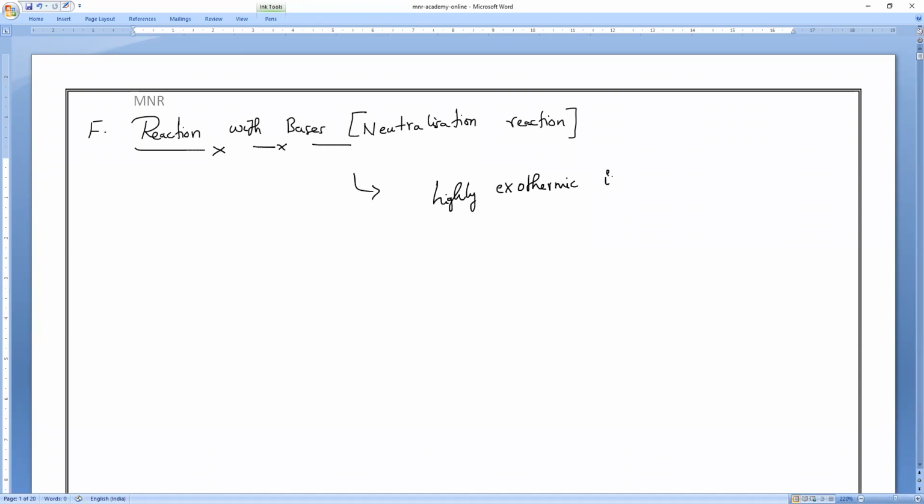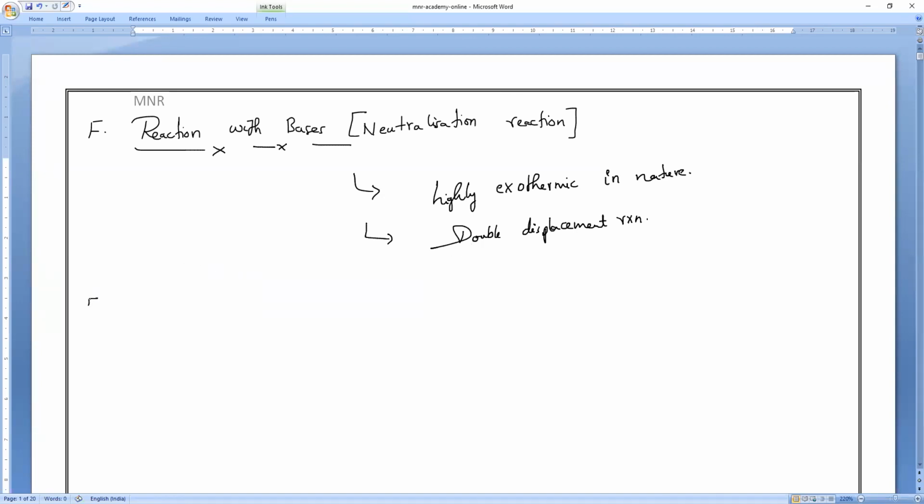Double displacement reaction. So highly exothermic in nature, and remember, this is an example of a double displacement reaction also. That is what you have to remember.